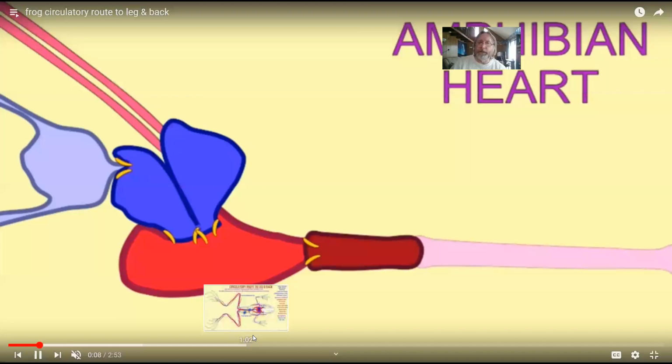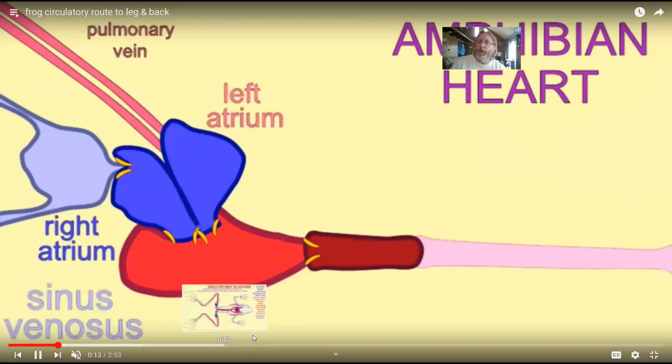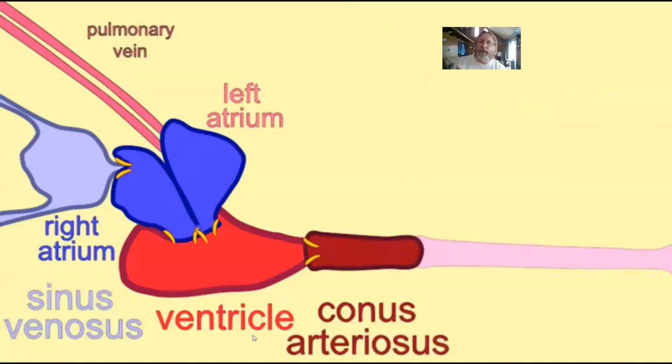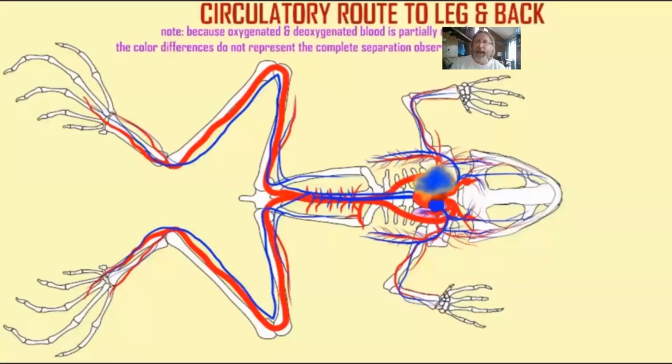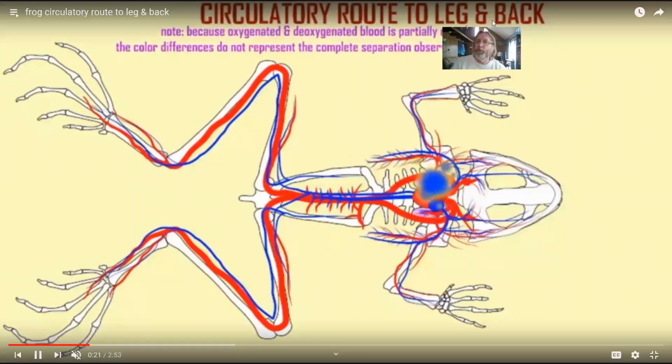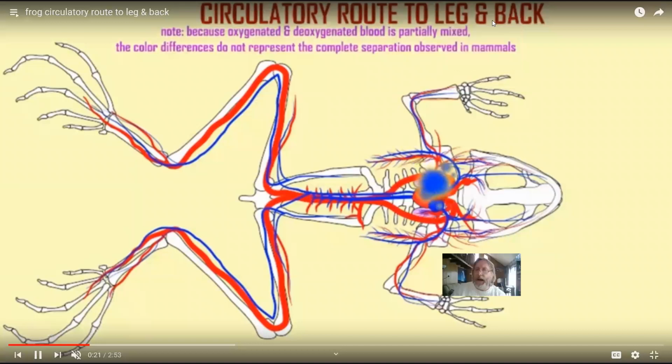So artery, capillary, vein. There are several places in the body where the route goes artery, capillary, portal vein, capillary, vein, back to heart. So there is a portal vein between two capillary beds.